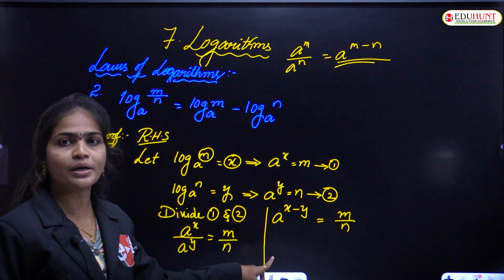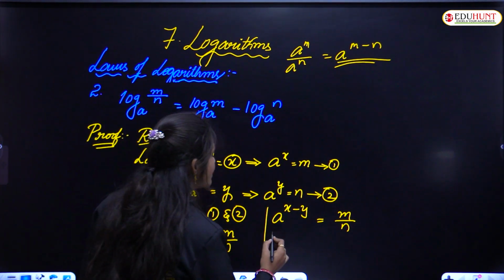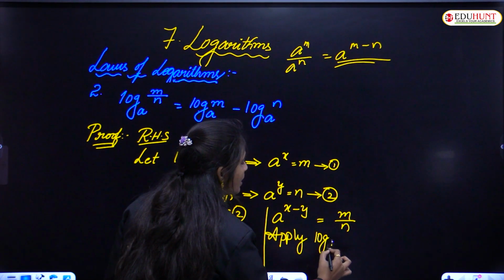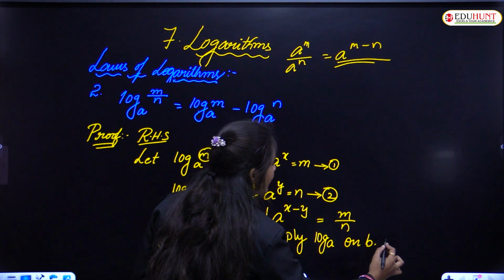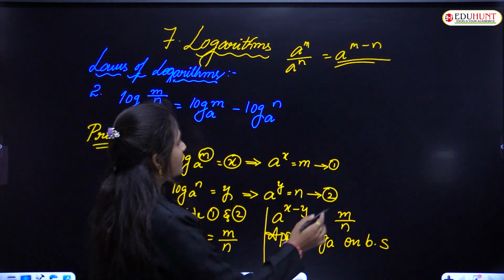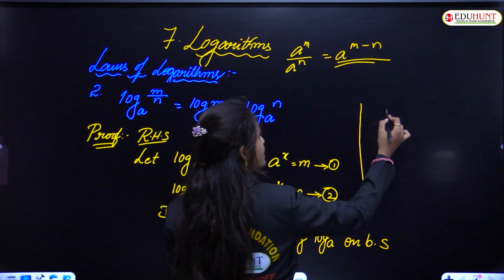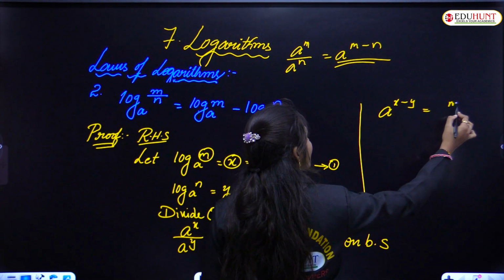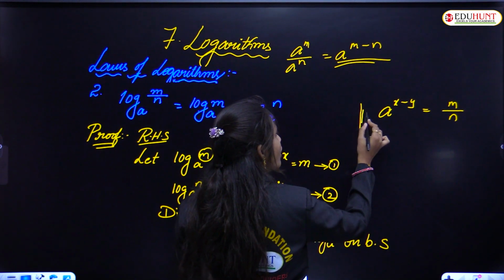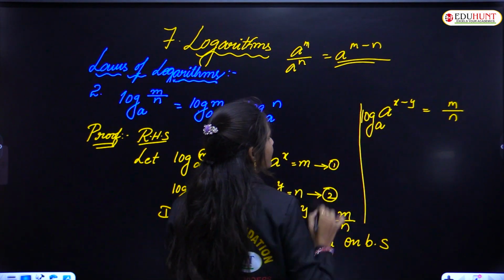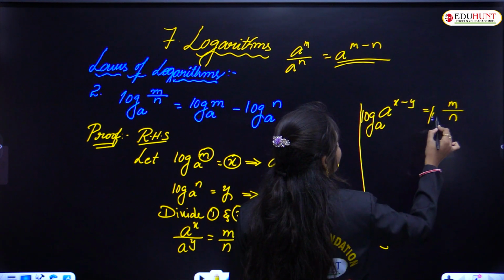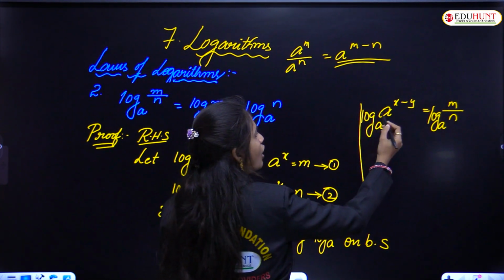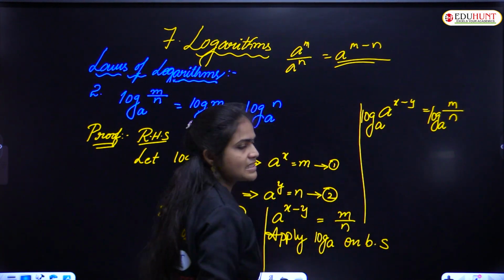Now again we have to apply log to the base a on both sides. The equation is a power x minus y equals m by n, so apply log to the base a on both sides: log m by n to the base a, and log a power x minus y to the base a.